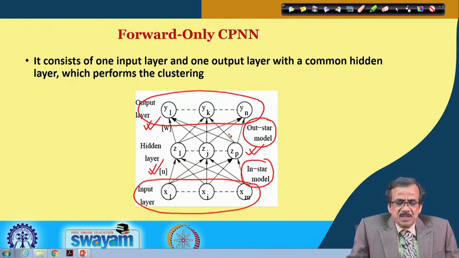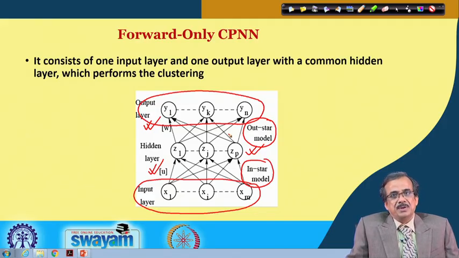But CPNN has one advantage, because we do not use the back propagation algorithm or any gradient based algorithm. So, the chance of the solutions getting trapped in local minima is nil. There is no such local minima problem, and that is why many people prefer this CPNN even compared to the multi-layered feed forward network. Thank you.